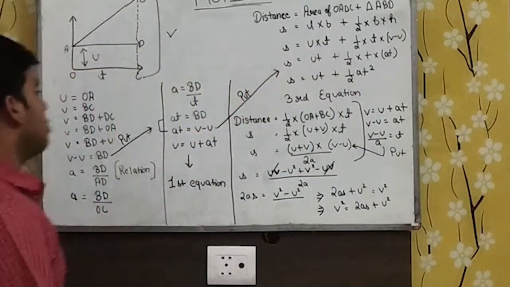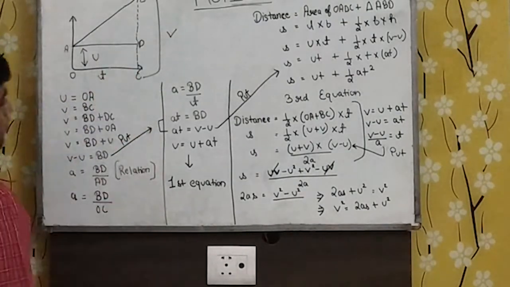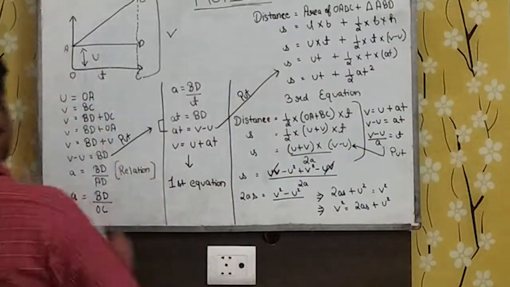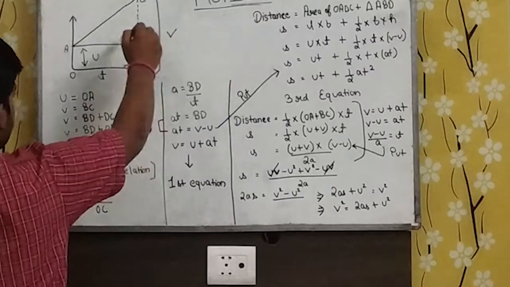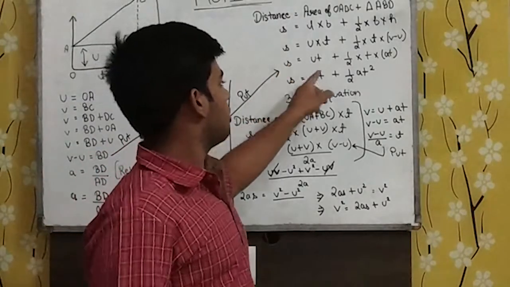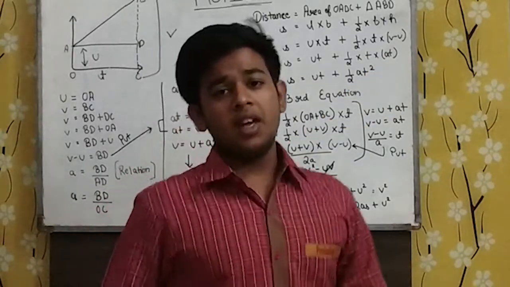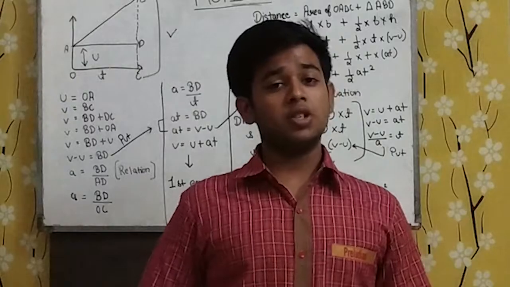L into B can also be written as U into T, as this is the length and this is the breadth, plus half into T into V minus U. Base is T and height is V minus U. S will be equals to UT plus half into T into AT, which will give us S equals to UT plus half AT square. This is how the second equation of motion is derived.